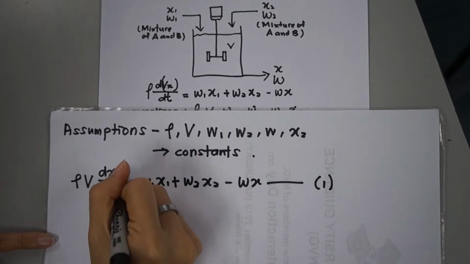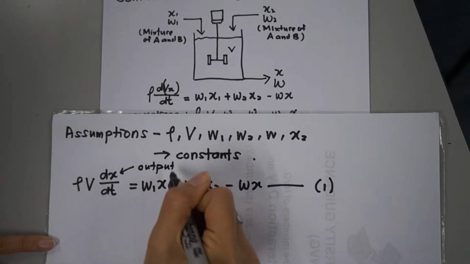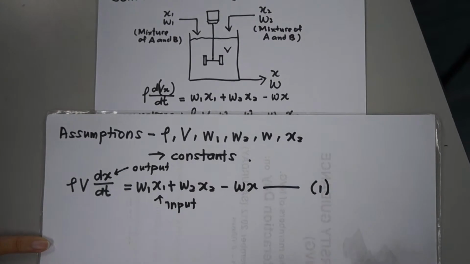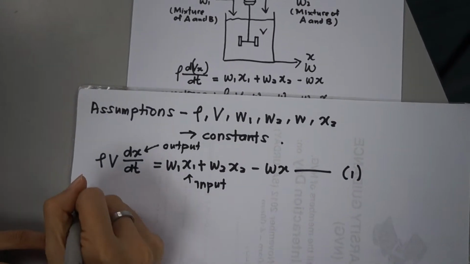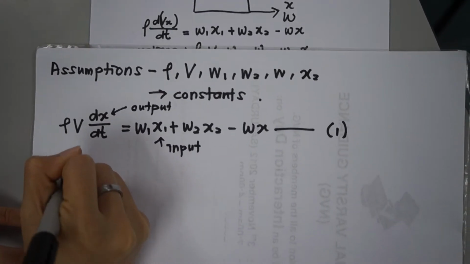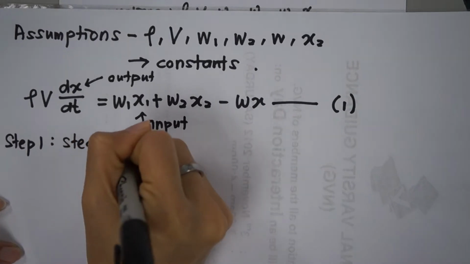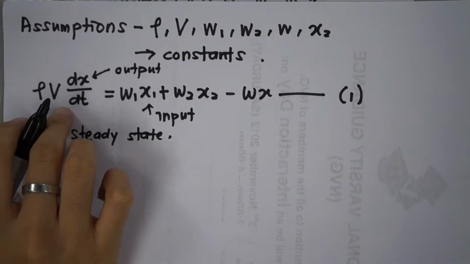Notice that now x is the output and x1 is the input. Remember this because it will be important for us at the end later. So what we do now is continue with step 1, that is to define the equation at steady state. For this equation, we start off here.